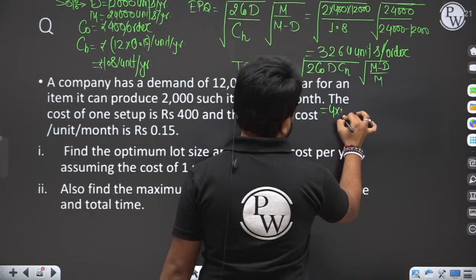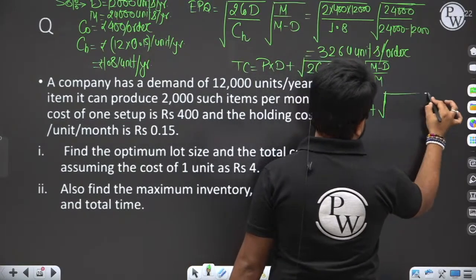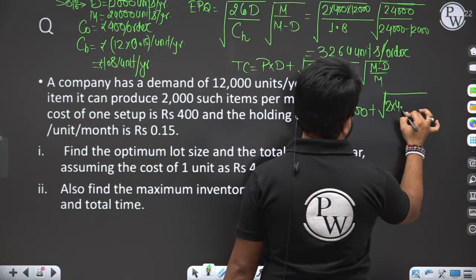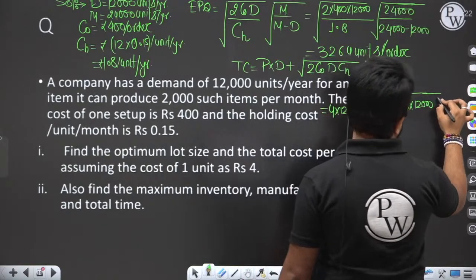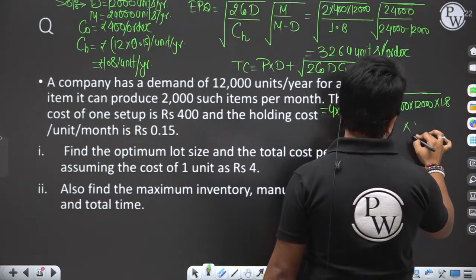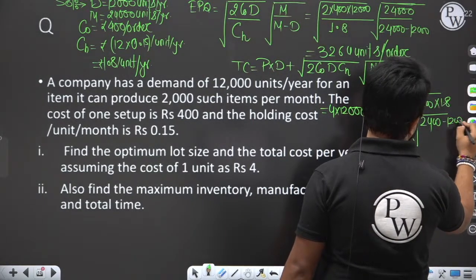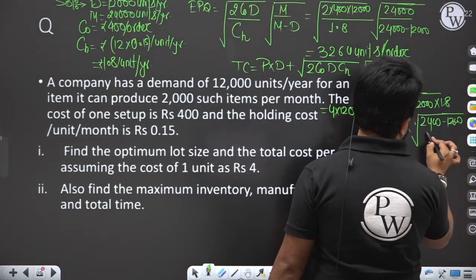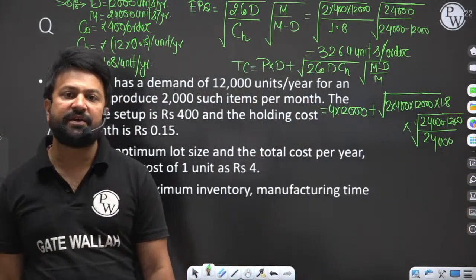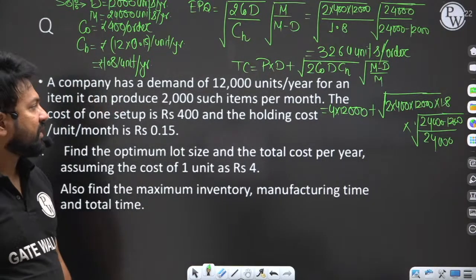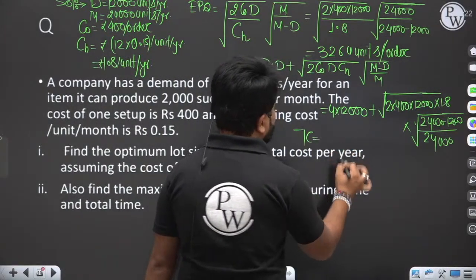Demand is 12,000, plus root of 2 C naught, that is 400, demand that is 12,000, into CH that is 1.8, multiply M minus D, that is 24,000 minus 12,000, divided by 24,000, right? Am I clear? So when you solve, how much will the total cost come out to be?